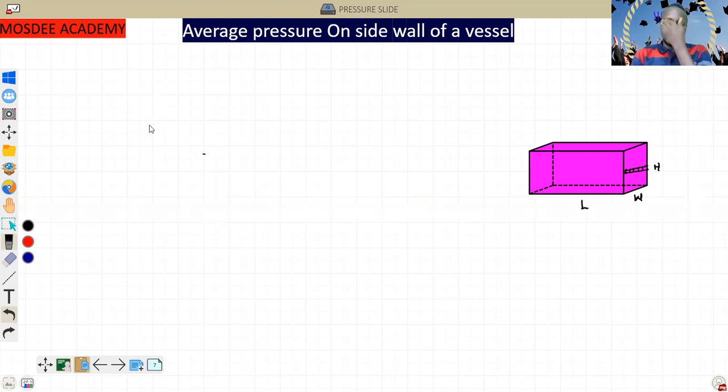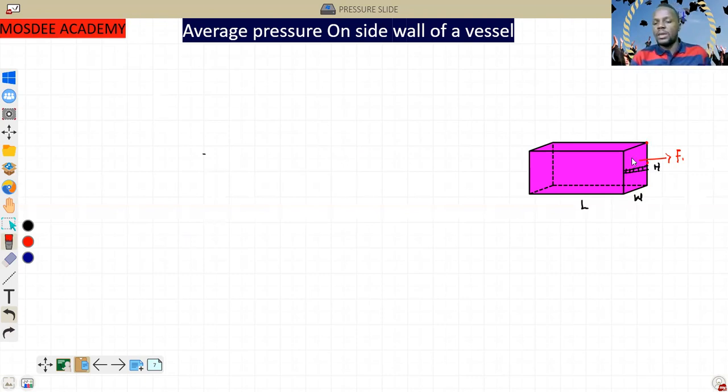Now we know forces will act in different directions, and because of the direction of force as studied, we are only taking this place. The force acting here will be the force acting in the outward direction. I'm only taking a short height from here to here. I am not considering the whole height because I'm taking an elemental strip.